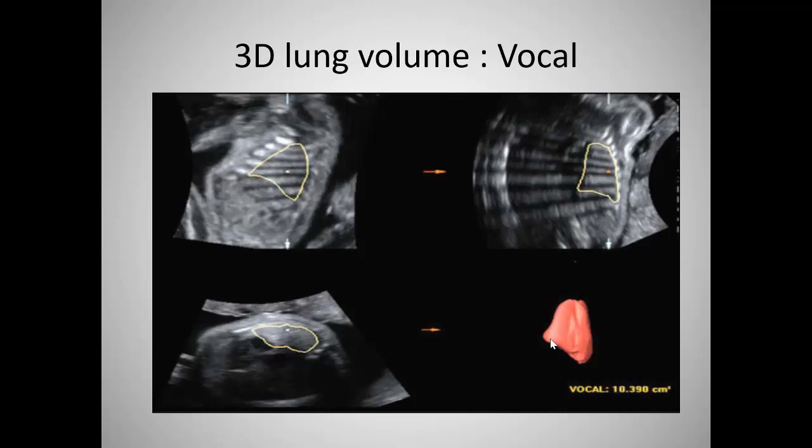I said that I usually do this subjectively when I find the thoracic cage expanding comparable to the abdominal circumference, but using the 3D lung volume using VOCAL is very precise because we can detect the lung volume corresponding to the age. Are there tables for that? Yes, there are tables for the lung volume.